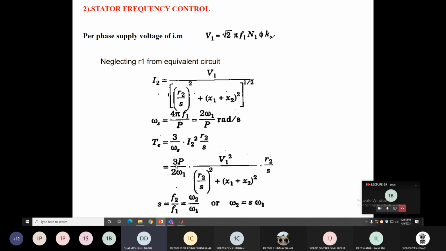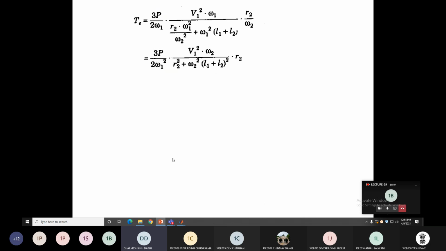So finally the equation of torque becomes this one. And in this equation of torque, if you replace the slip by the slip at which maximum torque happens, that is, replace slip s equal to R2 upon X1 plus X2 in this equation.